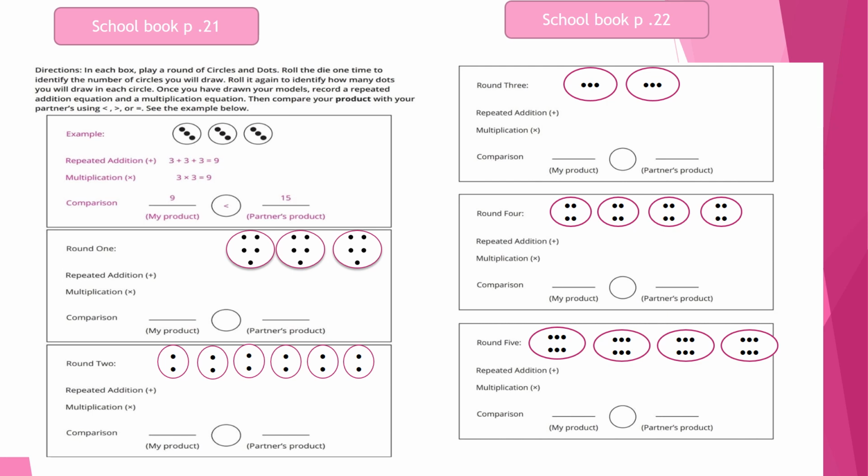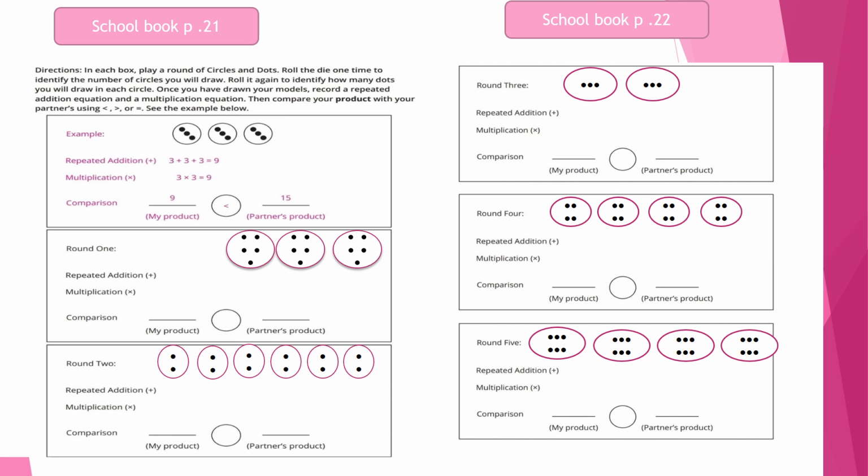If we use multiplication, we ask ourselves, what is the number we repeat? 3. How many times do we repeat 3? 3 times. So 3 times 3 equals 9. Our product is 9 and our partner's product is 15. So our partner's product is bigger.